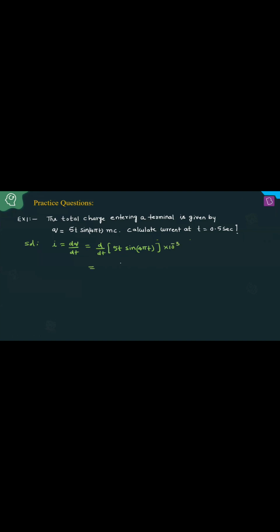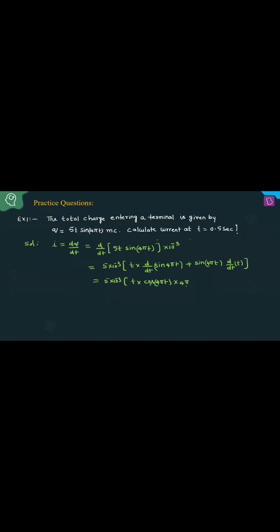This is the UV rule of differentiation. Taking 5 into 10 power minus 3 common: t is constant, d by dt of sin 4 pi t, plus sin 4 pi t is constant, d by dt of t. That is 5 into 10 power minus 3, t into cos 4 pi t into 4 pi.